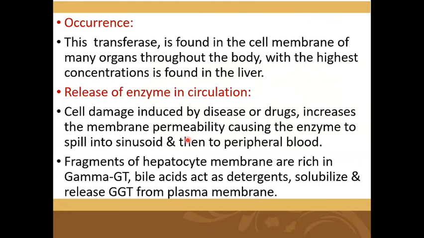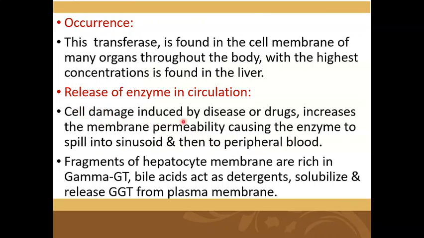This enzyme transferase is found in the cell membrane of many organs throughout the body, and the highest concentration is found in the liver. The enzyme is released into circulation by cell damage induced by disease or drugs, which increases the membrane permeability, causing the enzyme to spill into the sinusoid and then into the peripheral blood.